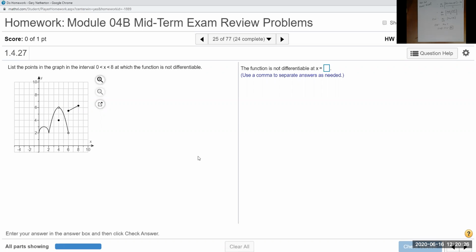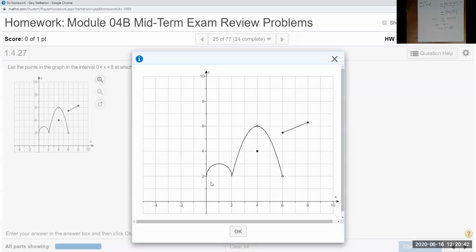So now we talk about something different, when functions are what they call differentiable. Now, when you're looking at a graph, here's a function. It's got sort of a curve here, and then a point, and then a big curve up at the top.